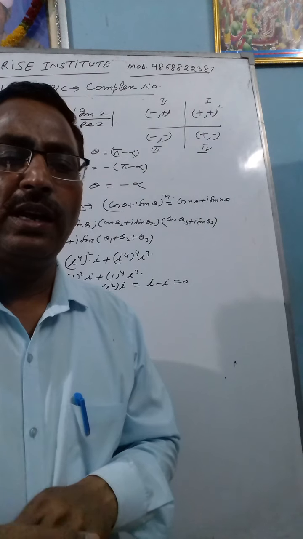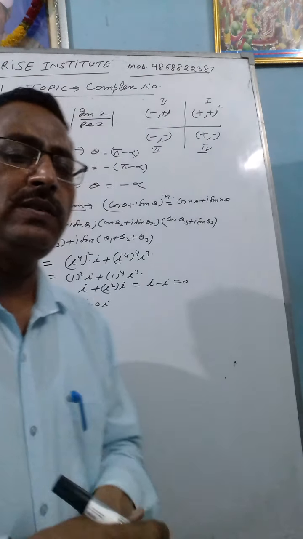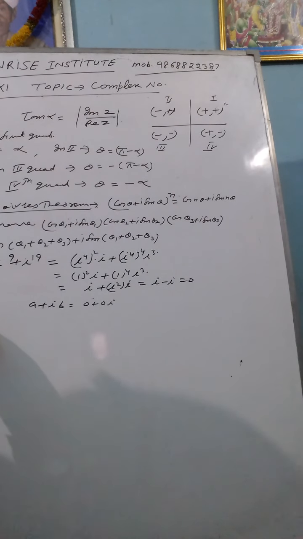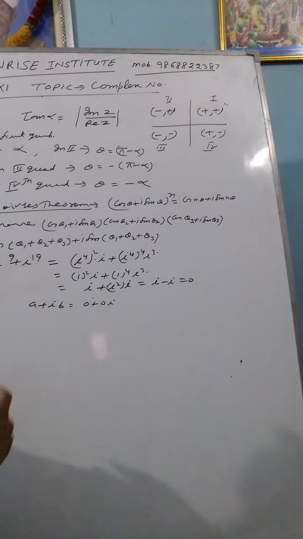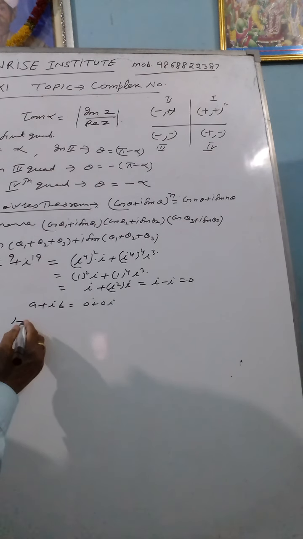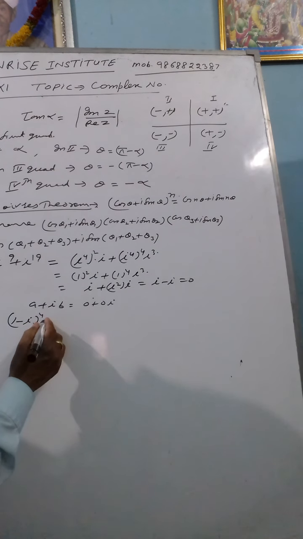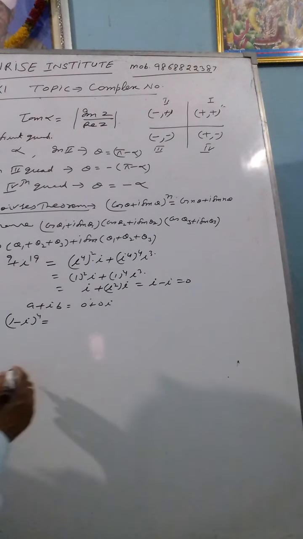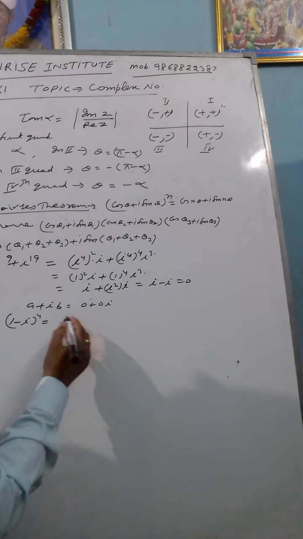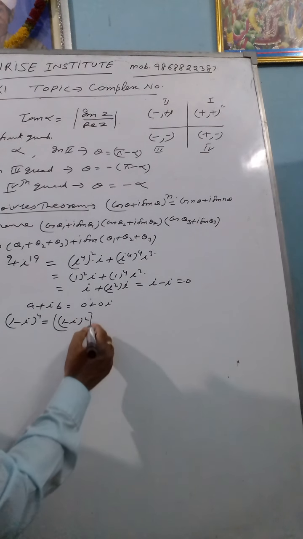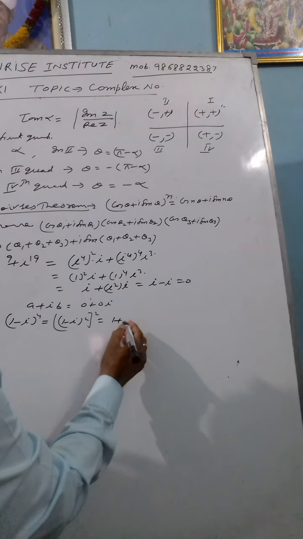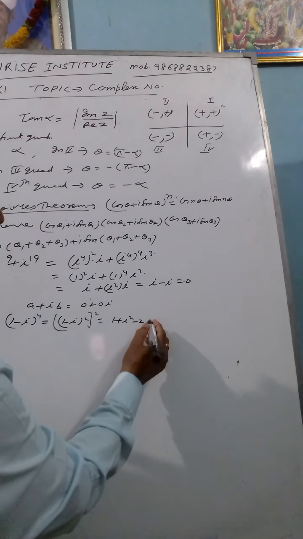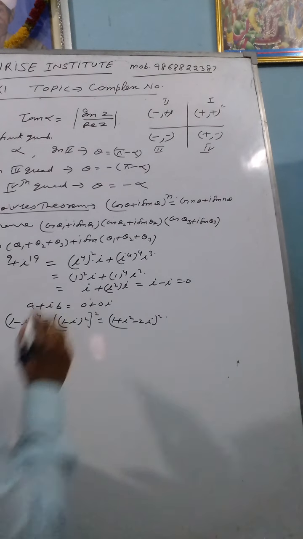Okay students, next question, question number two. Write in the form of complex (1 minus iota) raised to power 4. Then we have (1 minus iota square) raised to power 2, that is (1 plus iota square minus 2 iota) whole square.